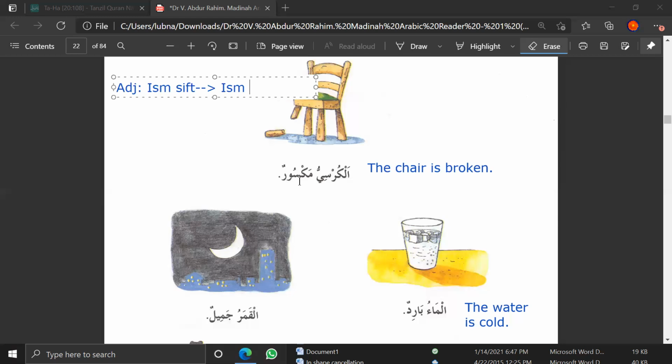Acha. The chair is broken. The water is cold. So cold is the quality or property, right? What about this one? Al-Qamar jamil. What is the focus here? The moon. Yes, Al-Qamar means moon. The moon is beautiful.